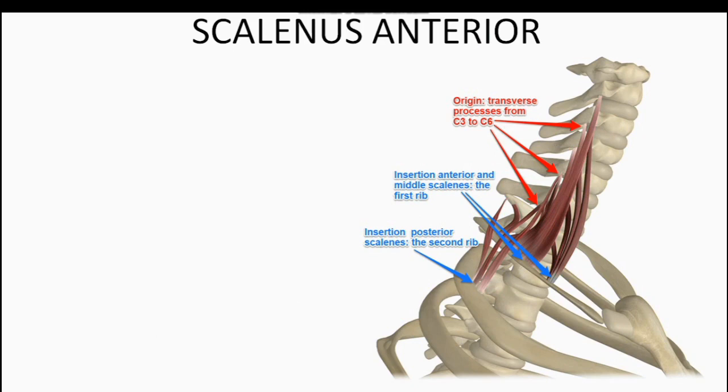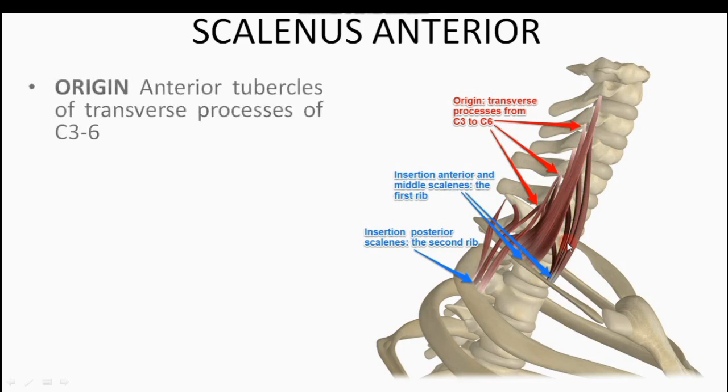First, we talk about the scalenus anterior. Here is the scalenus anterior. Clear? So the origin of this scalenus anterior is from the anterior tubercle of the transverse process of C3, C4, C5 and C6 vertebrae.